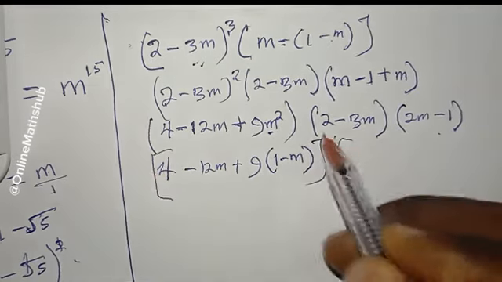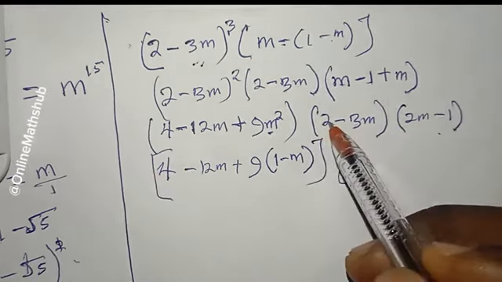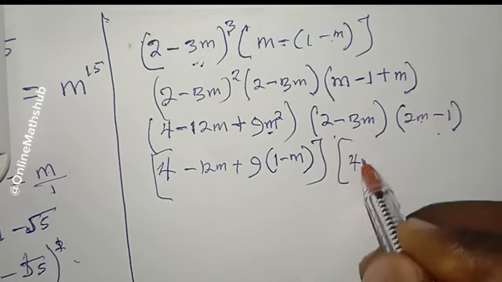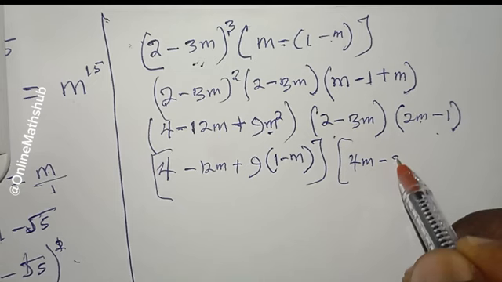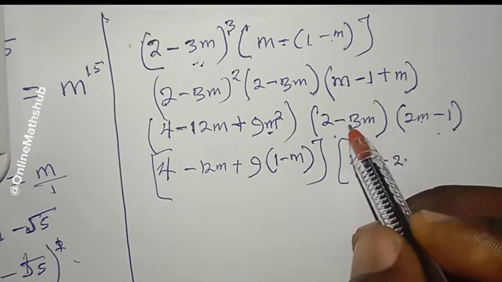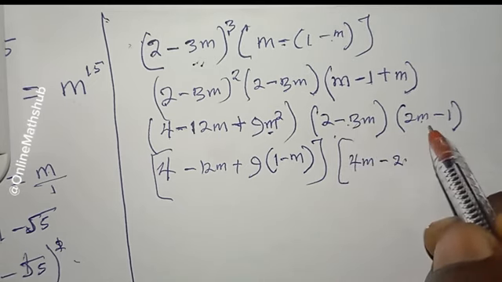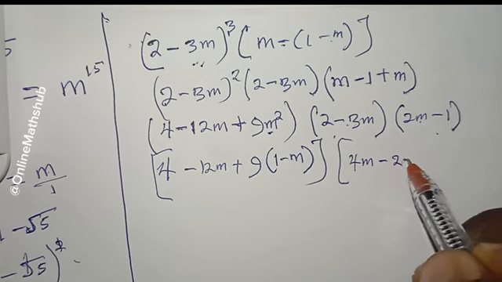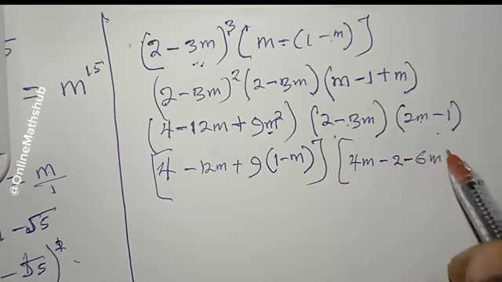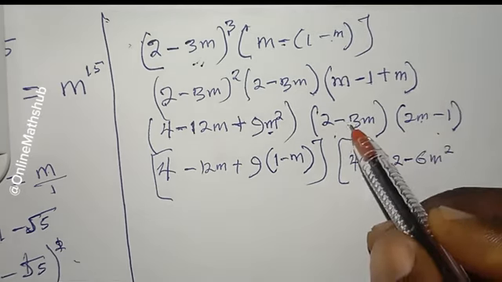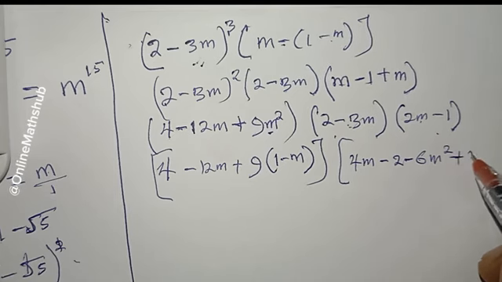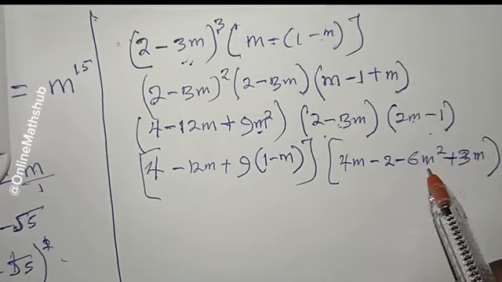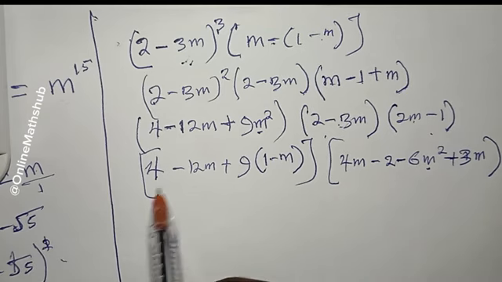Okay, and then for this bracket, what I'm going to be having is 2 times 2m here will give us 4m. 2 times minus 1 is minus 2, and then minus 3m multiplied by 2m, that will be minus 6m squared, and then minus 3m multiplied by 1 will give us a plus 3m. I'll be making this substitution right here.